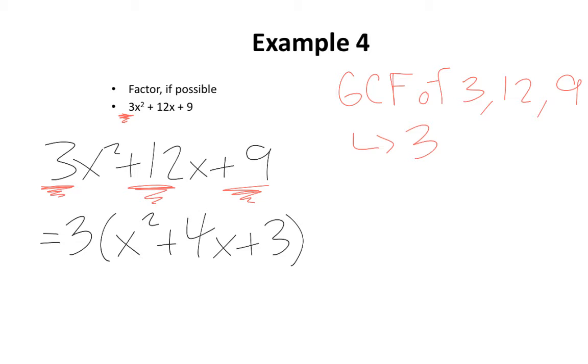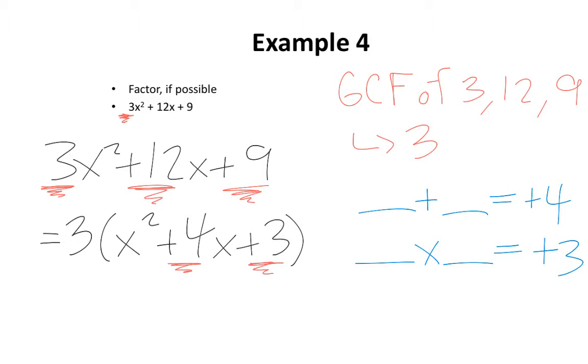At this point, you can do the technique that we've been doing in the last three examples. So we're going to take a look at the expression within the brackets. We're going to take a look at the numbers. That is, the coefficient here is positive 4, and the constant here is positive 3. We want to think of two numbers that when added together will give me positive 4, and those same two numbers when multiplied together will give me positive 3.